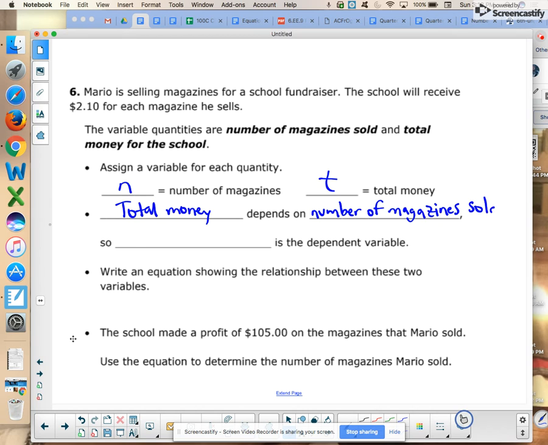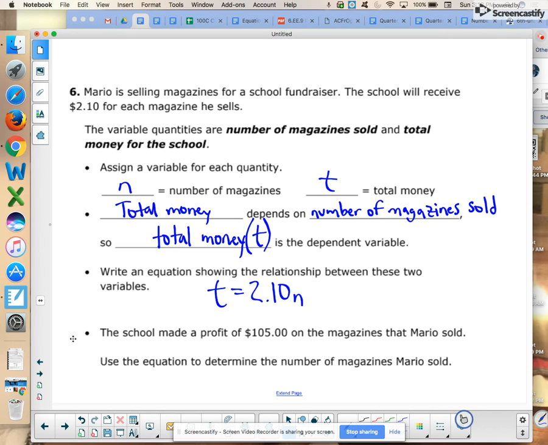So total money is the dependent variable, or T. The equation showing the relationship between these two variables would be T equals $2.10 times N, the number of magazines sold.